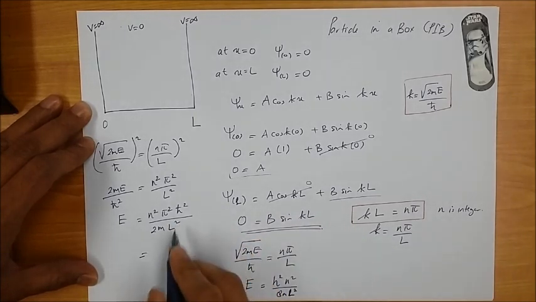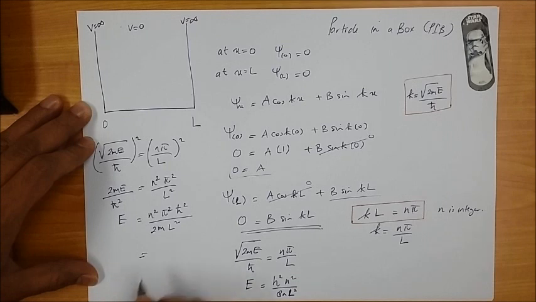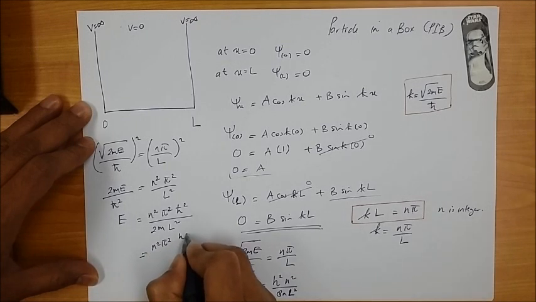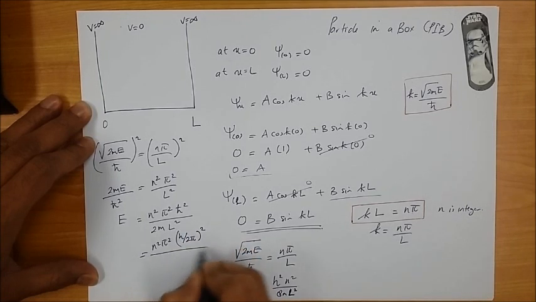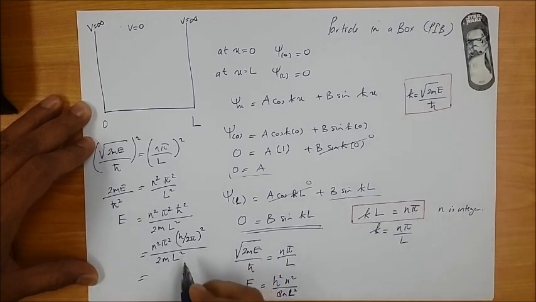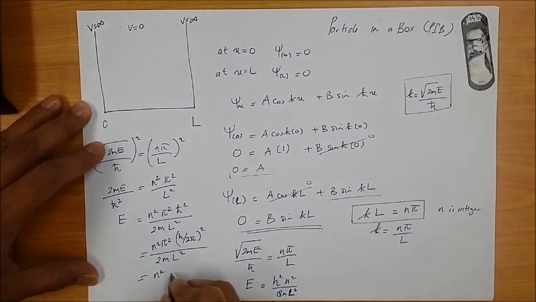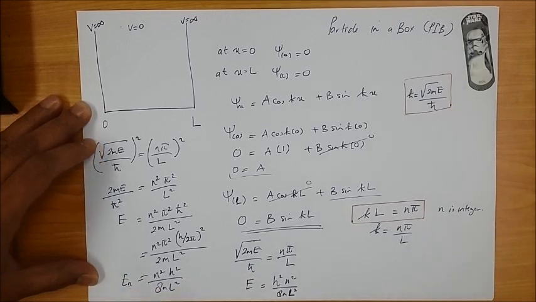Now we can further simplify this, that h bar is equal to h over 2 pi, and the pi's cancel out, so you will get n squared h squared over 8mL squared. This is the energy E of the particle at level n.